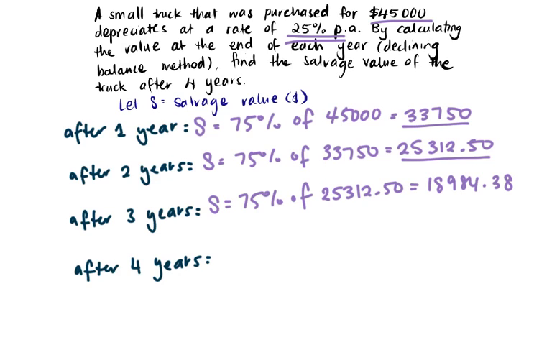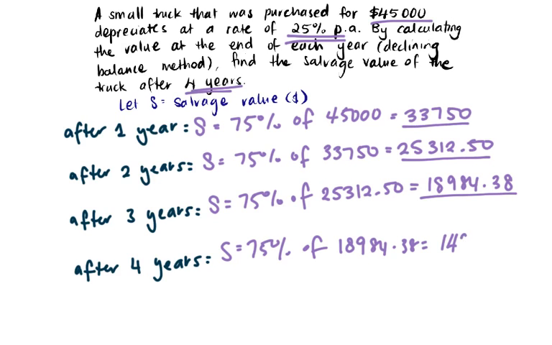And now lastly, after 4 years, because that's what the question asks, S equals 75% of the value from the previous year, which is $18,984.38, which will give me $14,238.29. So the salvage value of the truck after 4 years is $14,238.29.